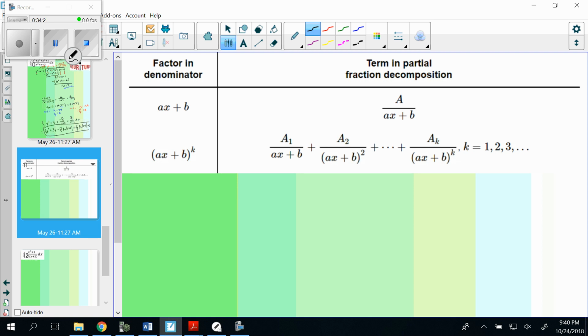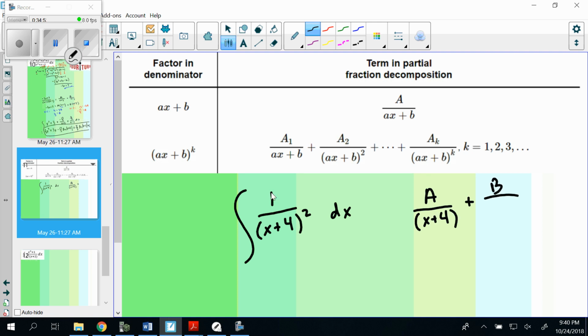So for example, say you had 1 over x plus 4 squared as your one that you wanted to do. Then if you split it into partial fractions, you're going to have an A for x plus 4. You would also have to have a B for the second one of those squared.